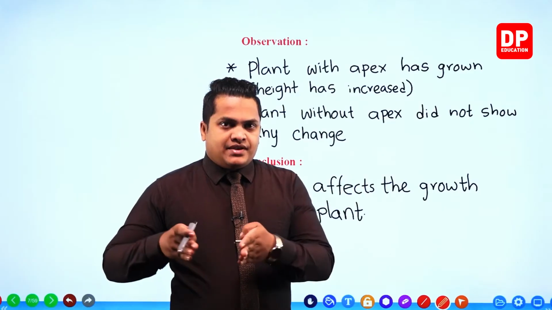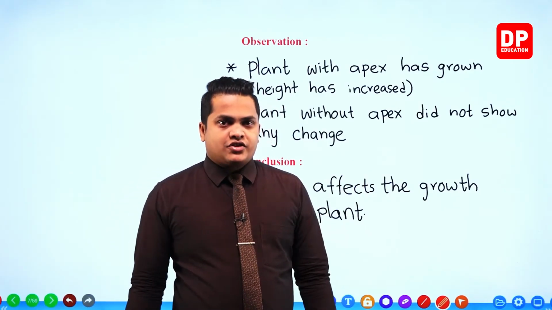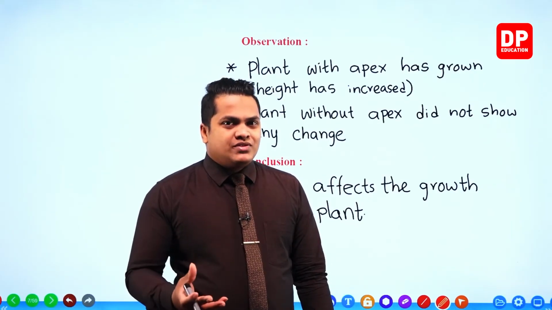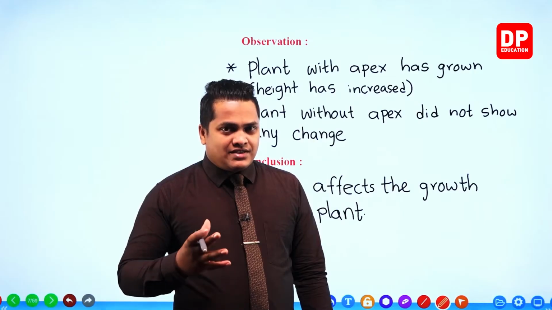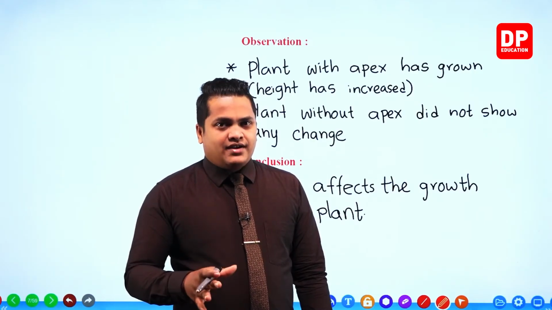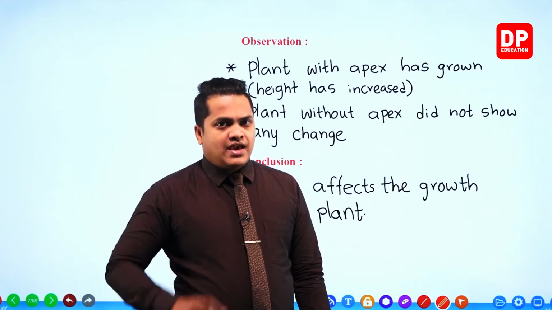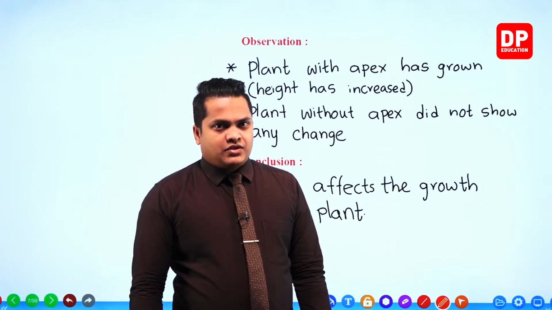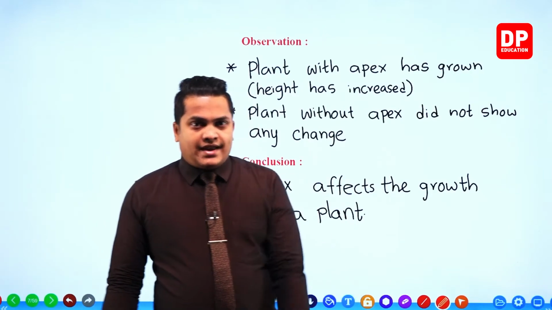Sometimes the apex changes that direction to a different direction. So we'll be observing what is that particular factor which is going to affect the growth of the apex. So now let's head on to observe that activity.